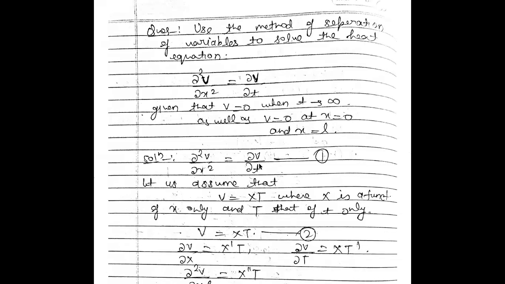Now put c1 as 0 here. So V is equal to c into c2 sin px into e to the power minus p square t, right? This is your equation 4. Now again a condition is given. We have our conditions: V is equal to 0 at x is equal to 0, and at x is equal to L, V is equal to 0. So just apply it. At x is equal to L, our V is 0. So 0 is equal to c c2 sin pL e to the power minus p square t.